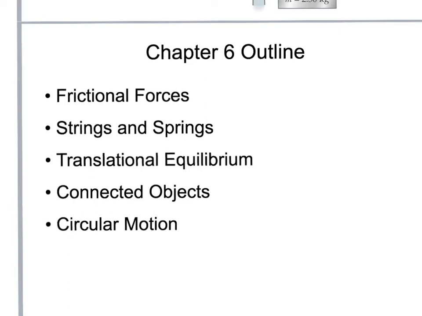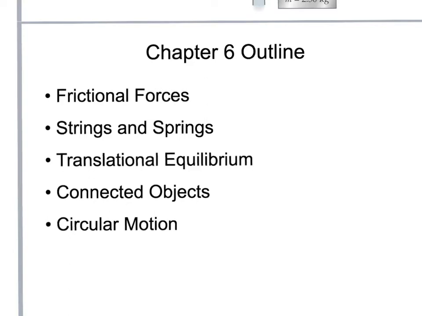We're going from point A to point B in a straight line or some combination. So we can either be going a straight line this way or this way, or some combination of the two. So that's translational. The other type of motion is rotational, and we'll see that in a few chapters. But so far, these 6 chapters have all focused on translational motion, or the motion from point A to B.